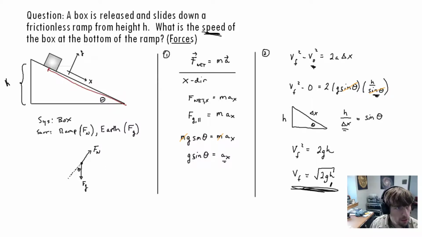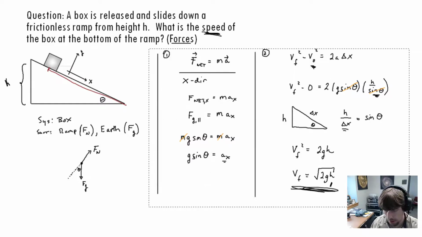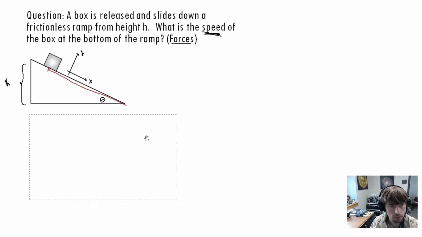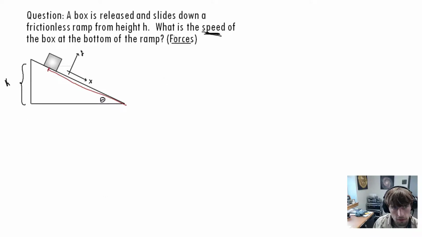So let's do another question. Now, instead of thinking about forces, let me get rid of all of this. We'll save the picture for right now. Instead of doing forces, let's do it in terms of energy. Now, let's be careful here.